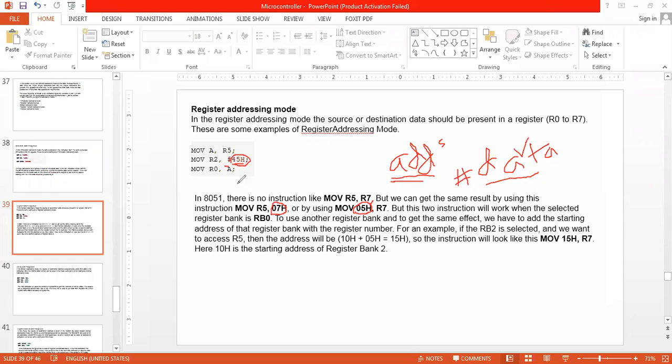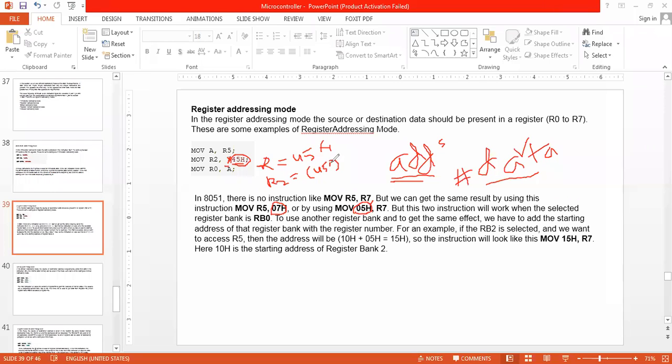Like here, R5, 07H. Now, MOV R2, #45H, where R2 will be having 45H. But if I remove this hash, then R2 will be equal to the data within 45H.